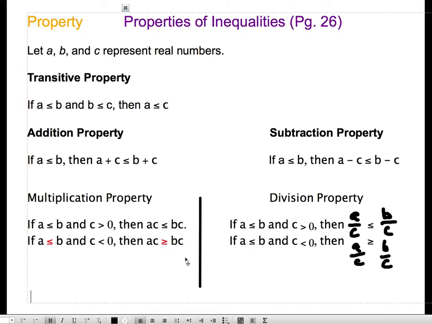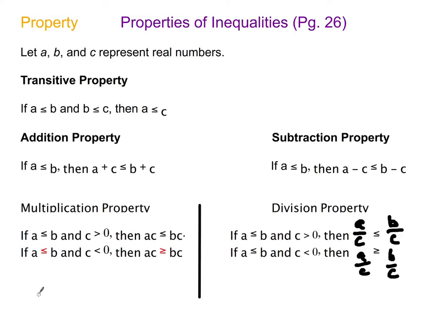With multiplication, one of the biggest differences is that if you multiply both sides by a positive number, then the statement stays true and you don't have to change anything. But if you multiply both sides by a negative number, you need to flip that sign. So for example, if I said 2 is less than or equal to 3, and I multiplied both sides by a negative number, let's say -10, then I would have -20 is less than or equal to -30.